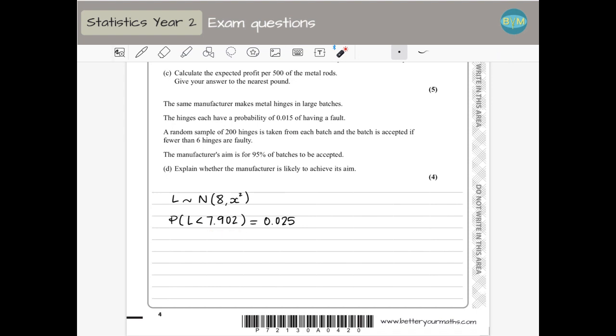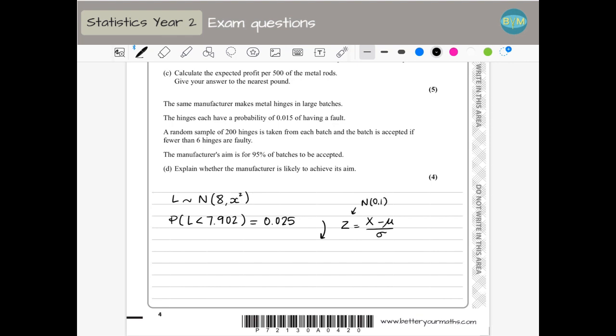I cannot go to the calculator if I don't know the standard deviation. That's why we standardize our values. So we are going to work with Z, which is a normal 0, 1, standardizing the values. Remember, we do that by doing x minus the mean divided by the standard deviation, and this Z will be normal 0, 1.